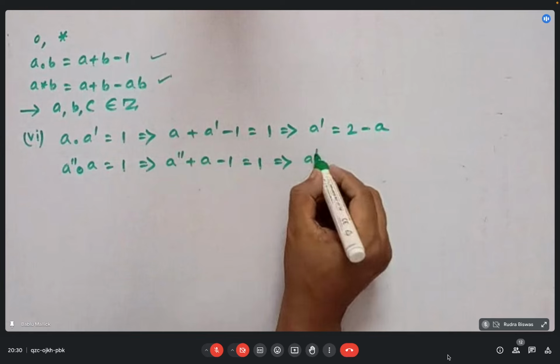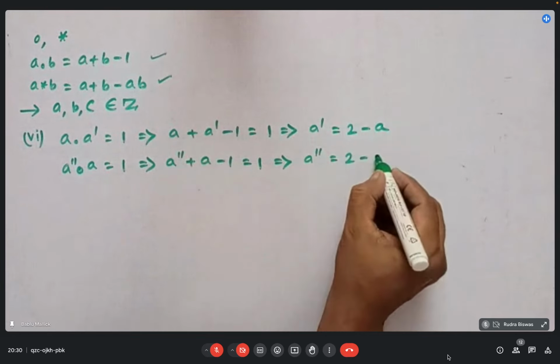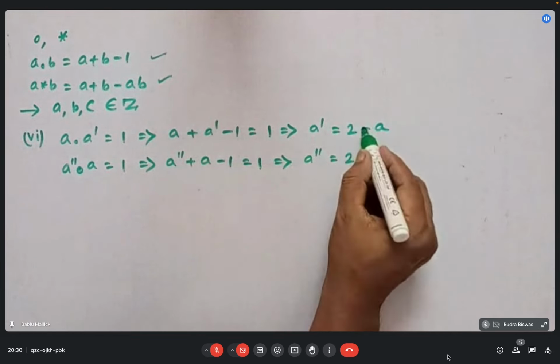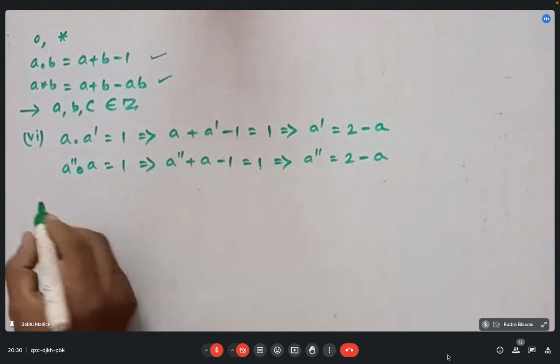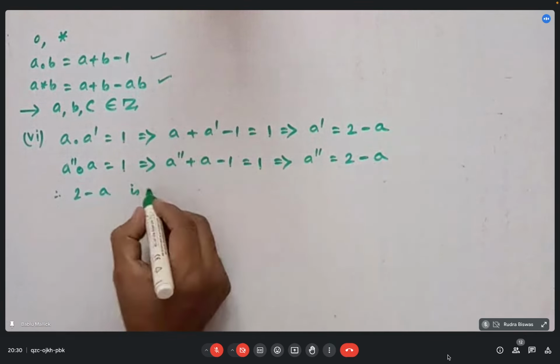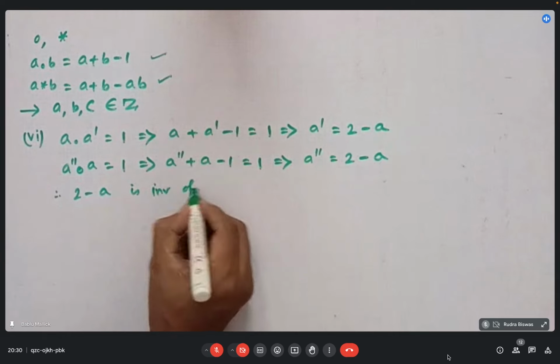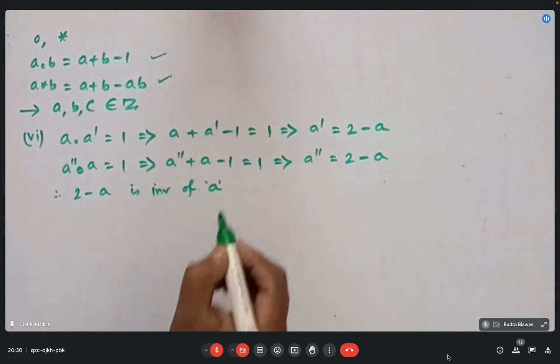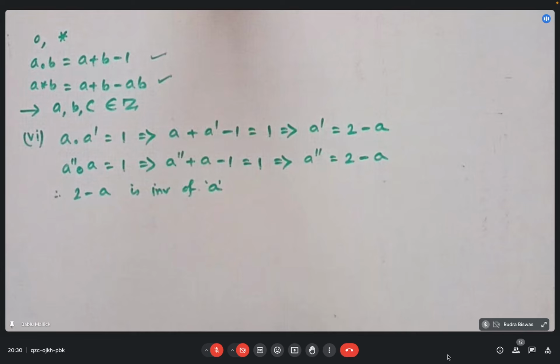Here also we are getting A double dash is equal to 2 minus A. Therefore 2 minus A is the inverse of A.